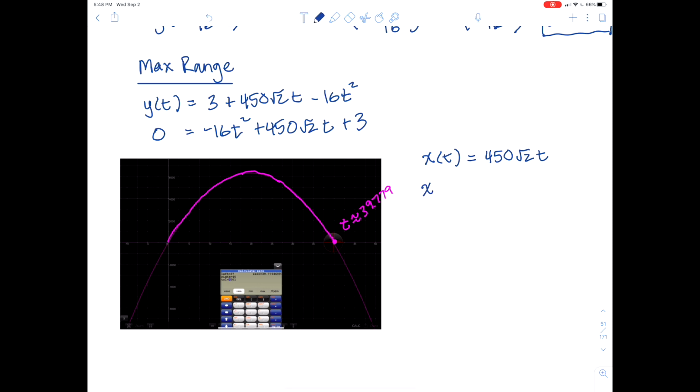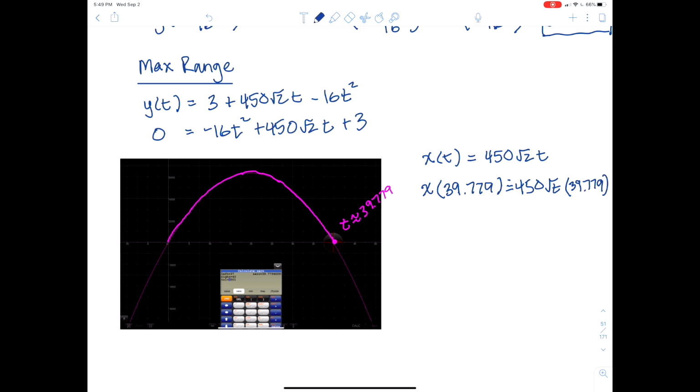And so x at 39.779 is going to be approximately, well, I'll show how I'm plugging it in. So equals 450, again it's approximate, root 2 times 39.779.